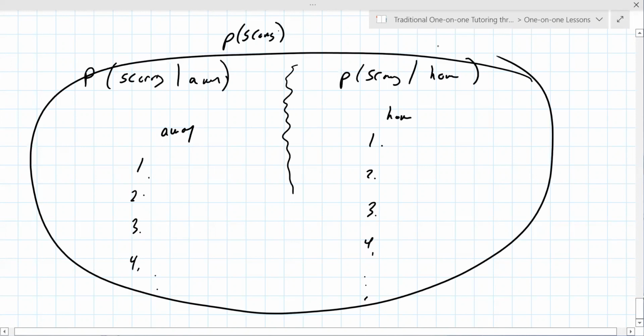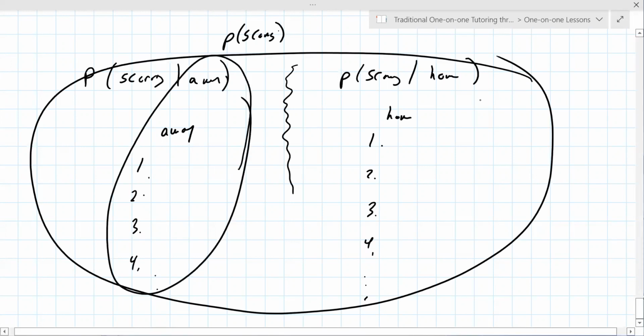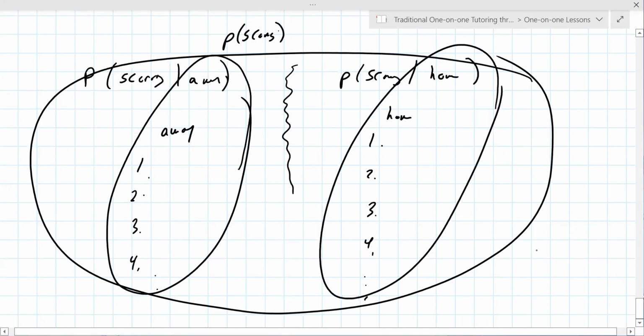Yes. So the conditional probabilities are looking at just away or just home. They're reducing what's called your sample. So you have a smaller sample when you're conditional.